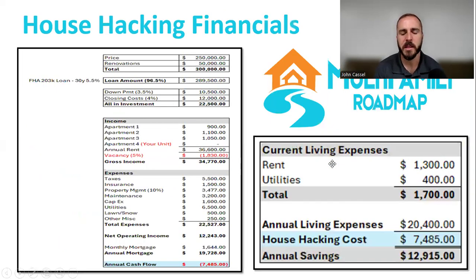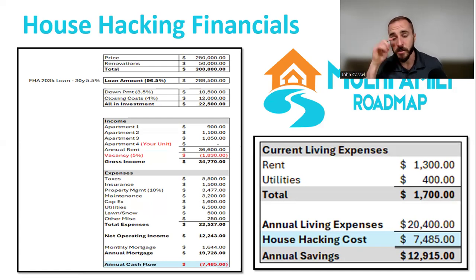So just digging into the numbers, how the numbers would look if you house hack a property. The purchase price you agreed on with the motivated seller is $250,000. We'll say that there's $50,000 in renovation costs to update the units, bringing your total to $300,000.